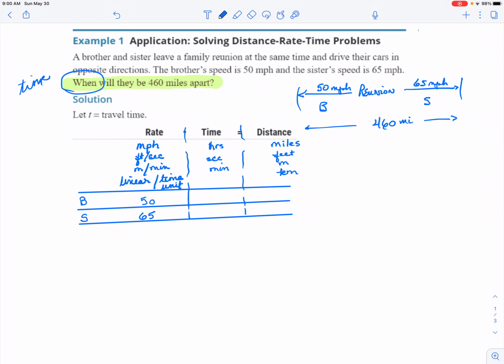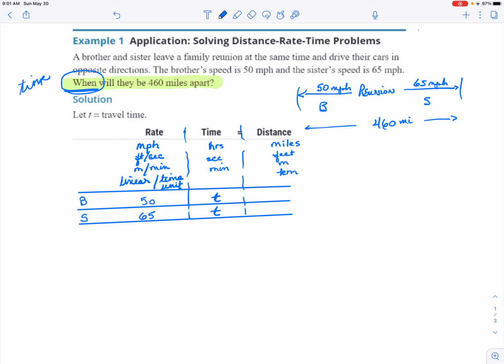They start at the same moment, and then the 460 distance, total distance apart, is reached at the same moment. So I'm going to use the variable t. That's what I'm looking for. When. I'm going to use the same variable t for both of them because they do travel the same amount of time. They start at the same moment and then they reach that 460 total at the same moment.